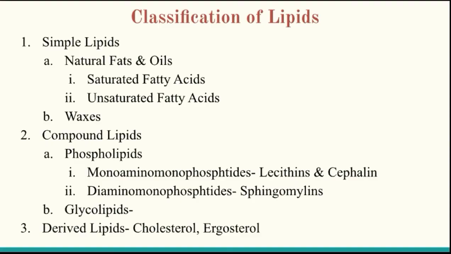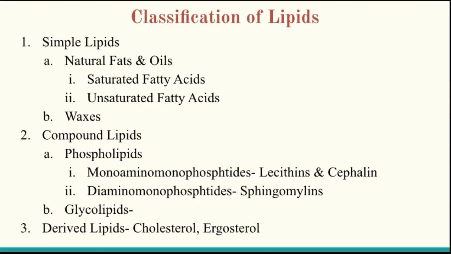Simple lipids contain two subtypes: natural fats and oils, and waxes. Natural fats and oils are subdivided into saturated fatty acids and unsaturated fatty acids. This is the simple lipids types.